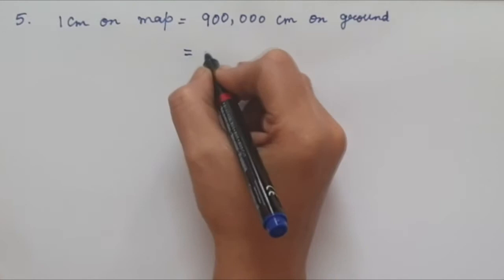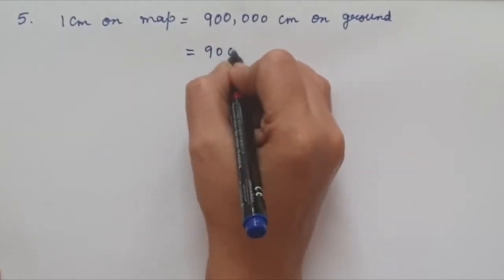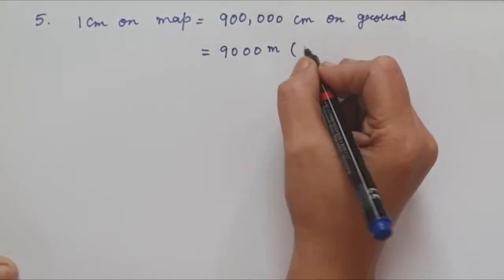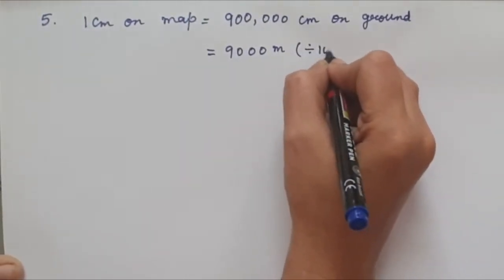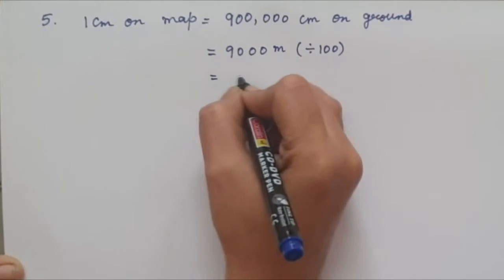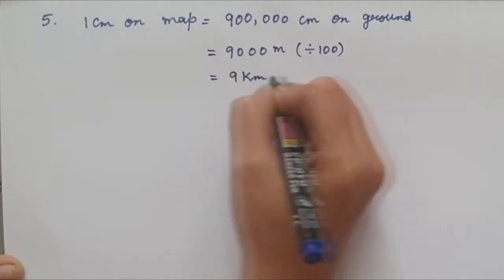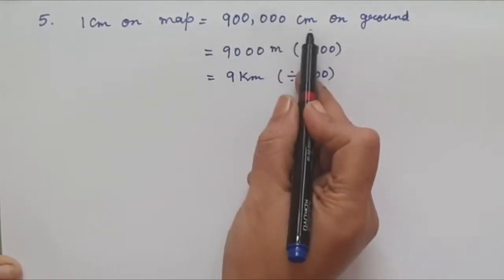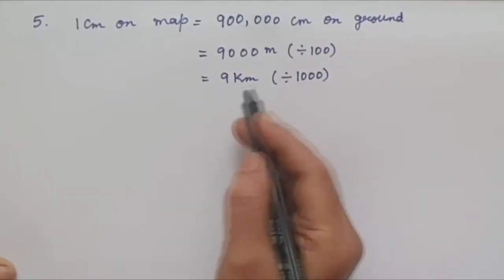That will be equal to 9,000 meters when we divide by 100. And then this will be equal to 9 kilometers when we divide by 1,000. So 900,000 centimeters will be equal to 9 kilometers.